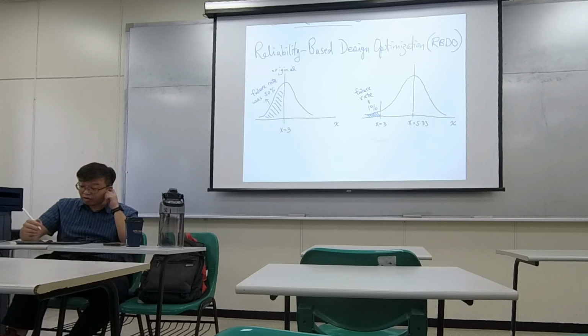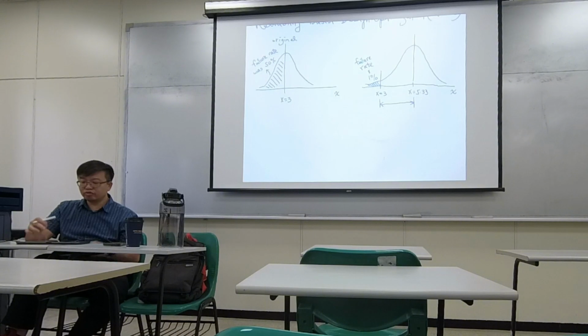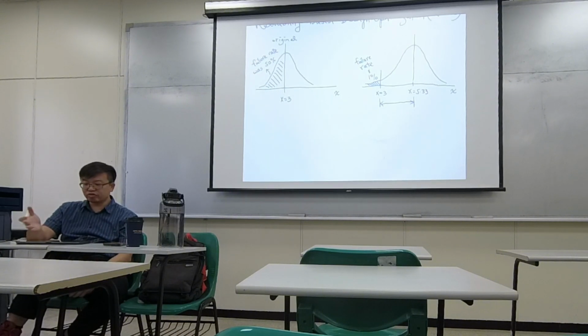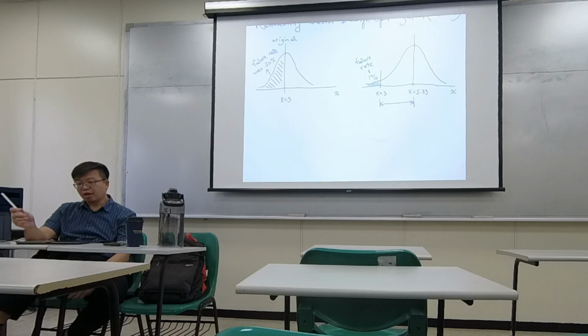And people sometimes call this idea like a safety factor. So it's like you provide safety factor to the entire design. But how do you compute so-called the safety factor?